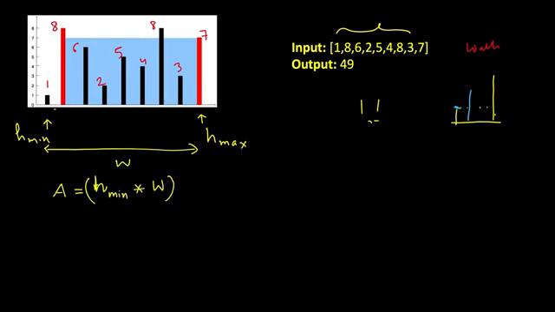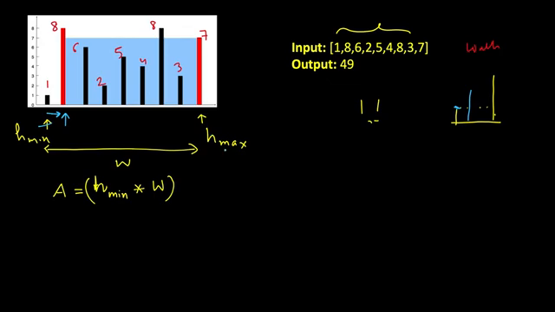Whatever is the case, if the min is on the left, you move to the right until you find a bar which is higher than this min. In this case, you reach here and this is higher than this min. So this pointer moves here. You are no longer pointing to the old bar. Now you have two bars.